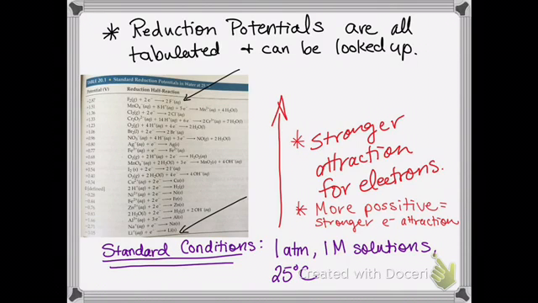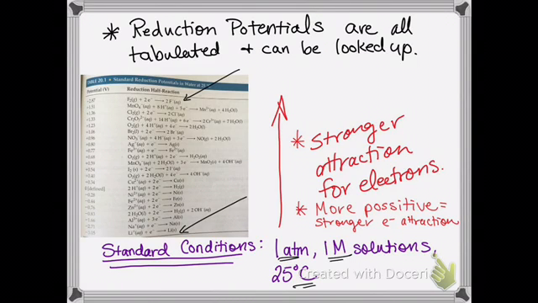The thing you have to remember is that all of these voltage potentials are measured under standard conditions. If any gases are involved, they are at 1 atmosphere. All the solutions are 1 molar, and the temperature is 25 degrees Celsius.